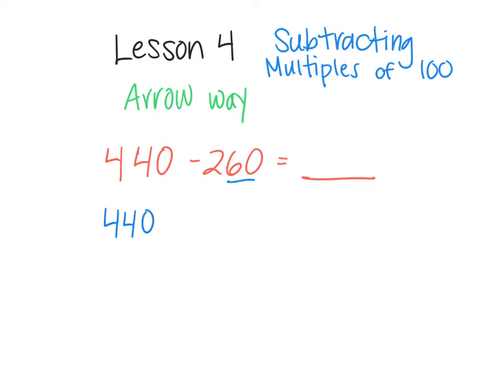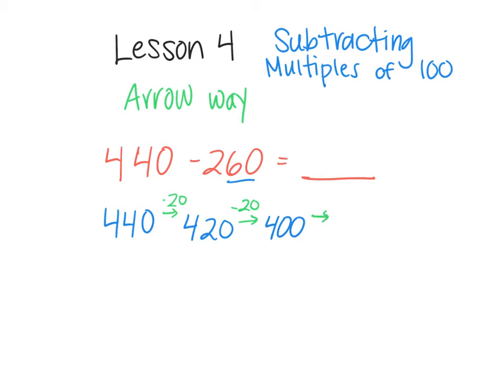So I could try 440 take away 20, and that gets me to 420. Take away another 20, because 20, 40, and I'm trying to take away 60. So 420 take away another 20 gets me to 400.